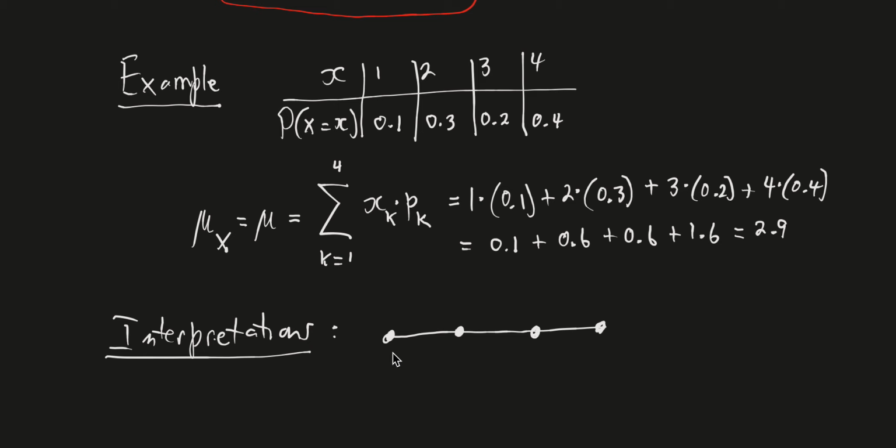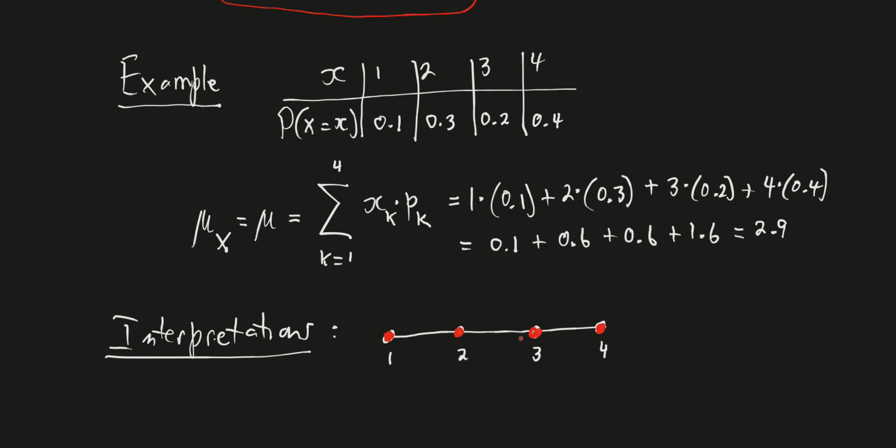And so this is at 1, this is at 2, this is at 3, this is at 4. Now imagine that these dots are actually point masses on a horizontal axis, and what we would like to do is find the location of a point of balance.